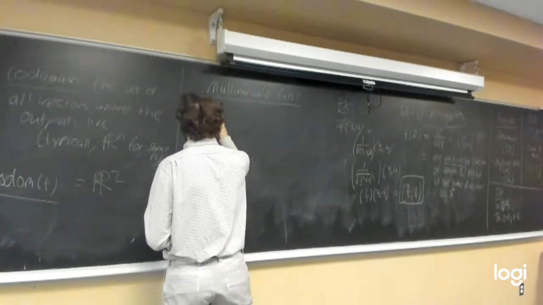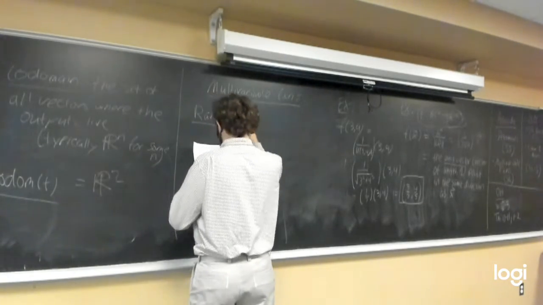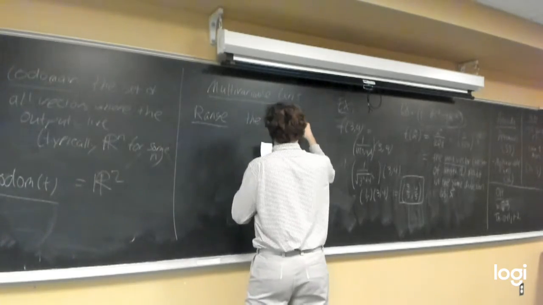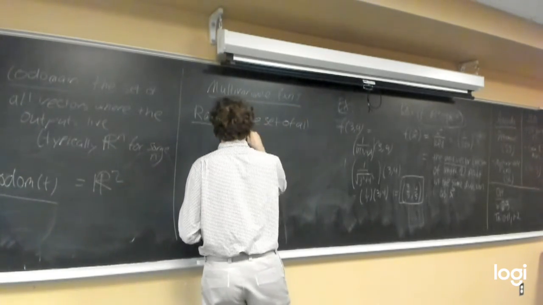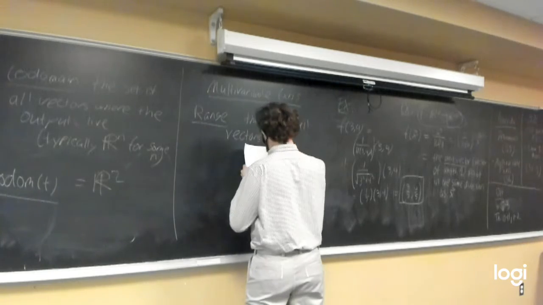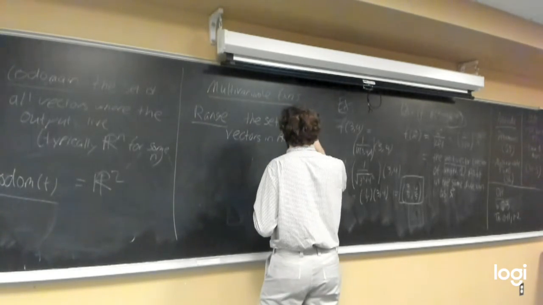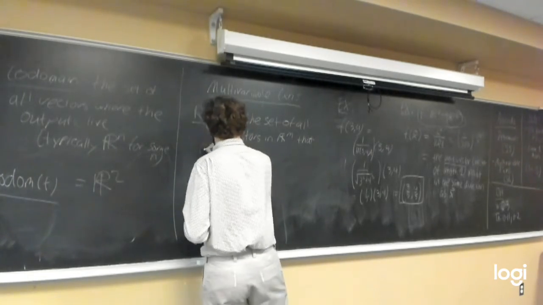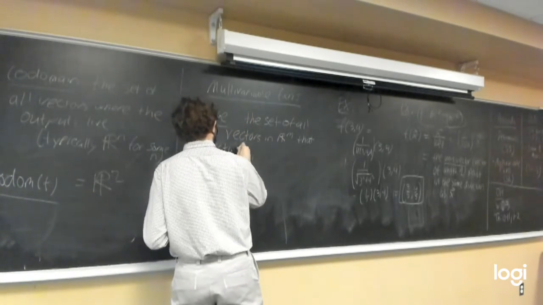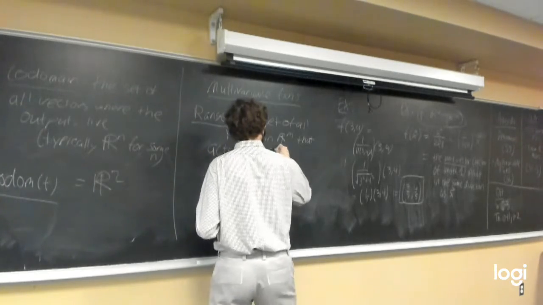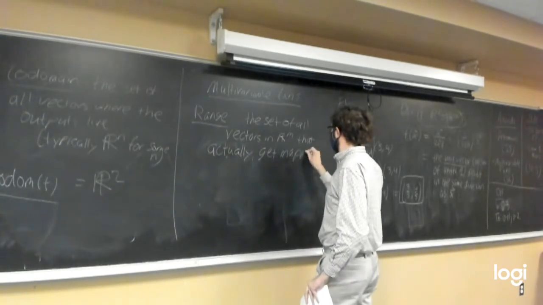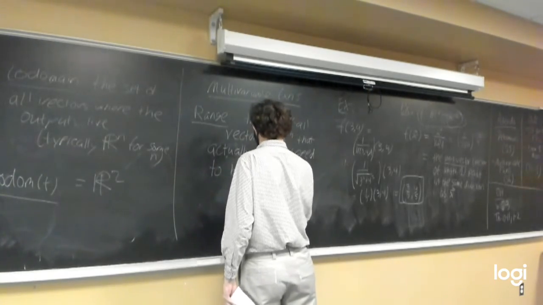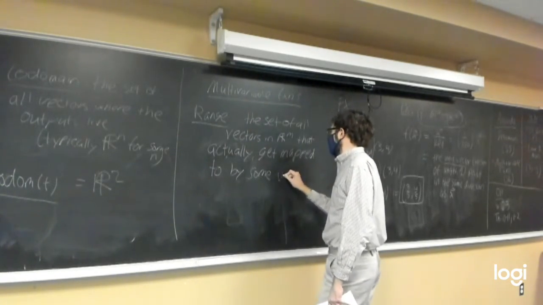So the range of your function is the set of all vectors in the codomain in Rm that actually get mapped to by some vector in the domain.